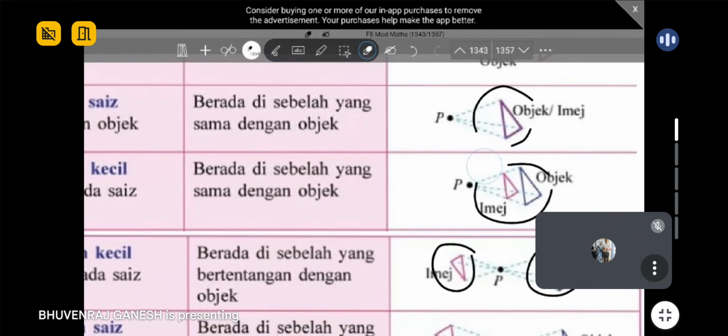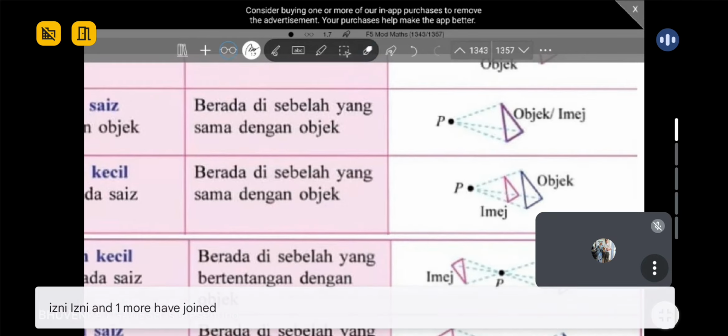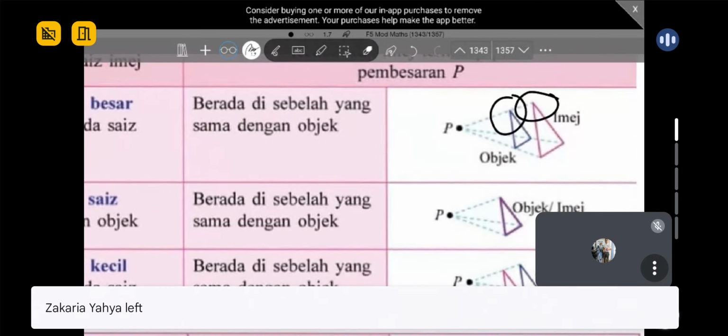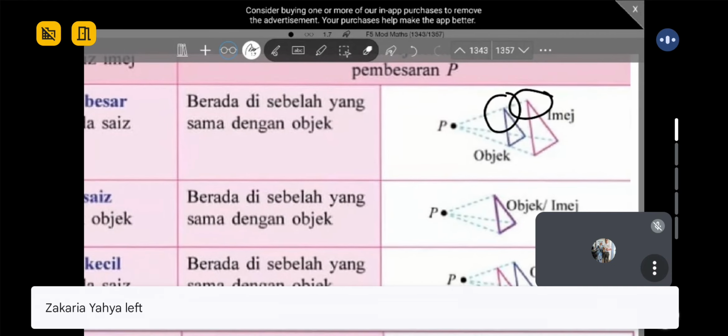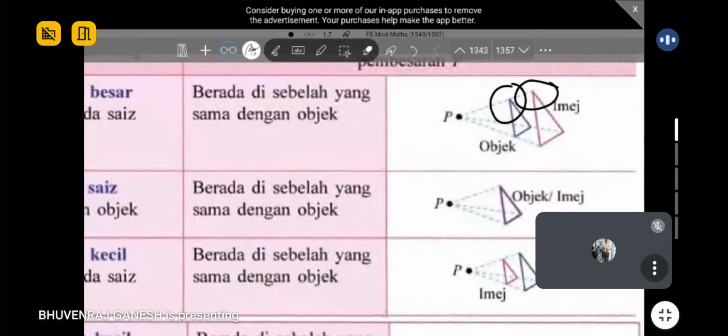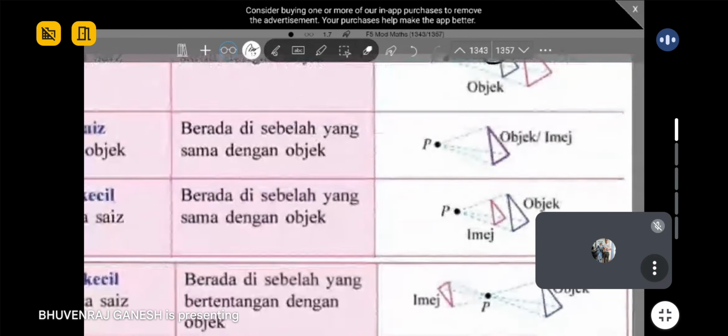Okay, guys? So, yeah. This is what you must understand for positive or negative. Another method is you see the center. Kamu lihat pusat dia, guys. If the center is at the most left or most right, paling kiri atau paling kanan, pusat dia tu, maksud dia pembesaran positif, positive enlargement.